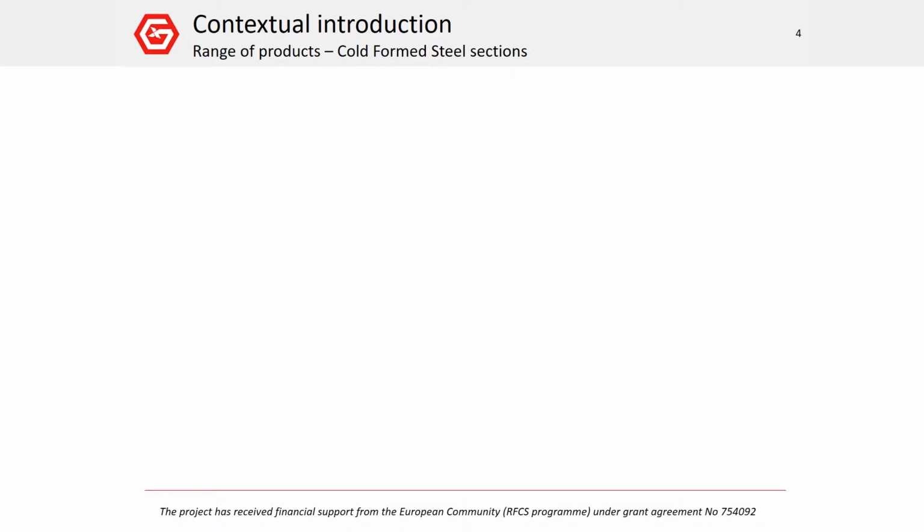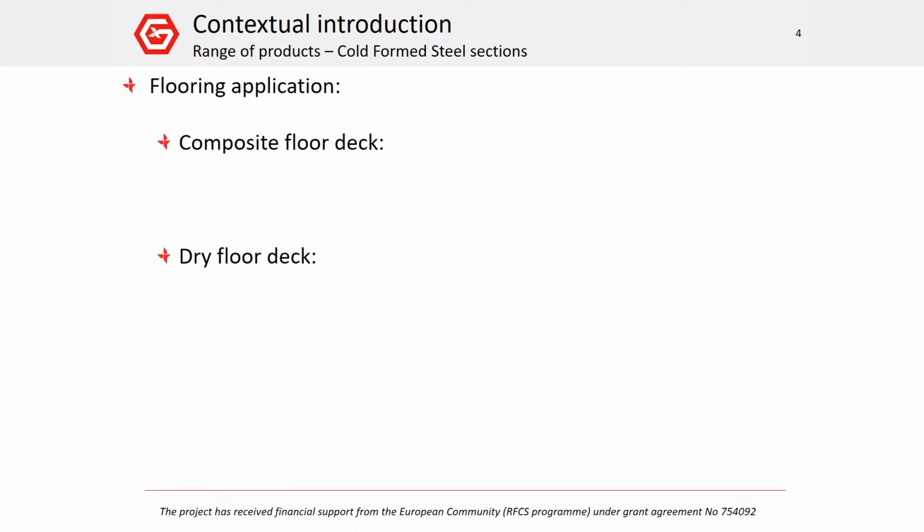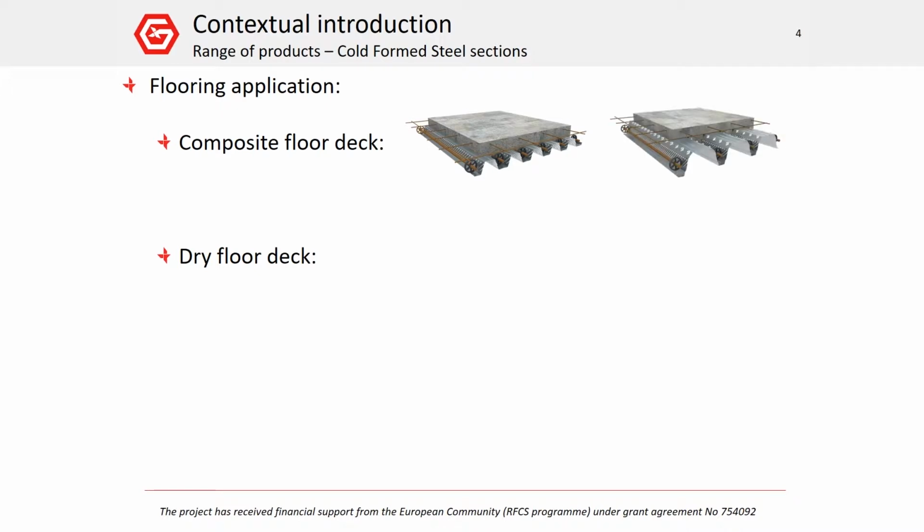Applications of cold form steel profiles are varied. These products can be used for several types of floors. In the case of floors with concrete, the deck can be used as formwork or reinforcement, participating in the resistance thanks to the specific geometry characteristics.